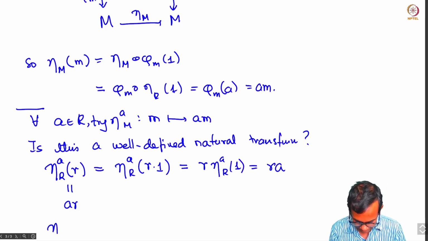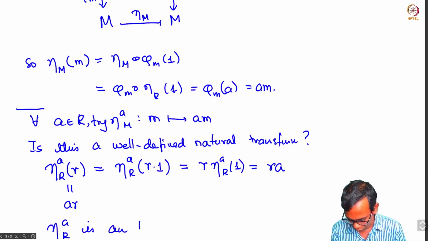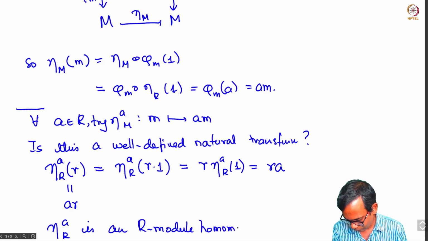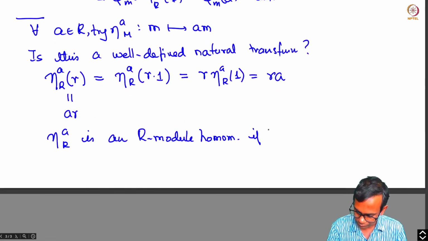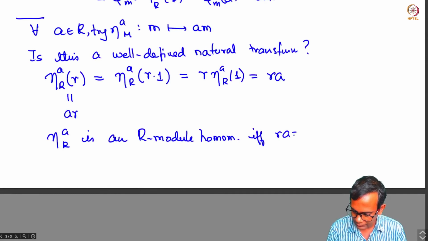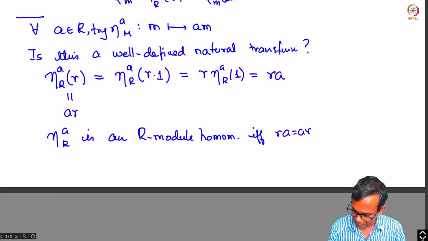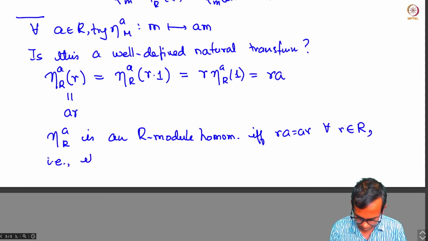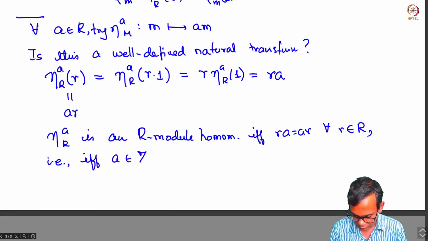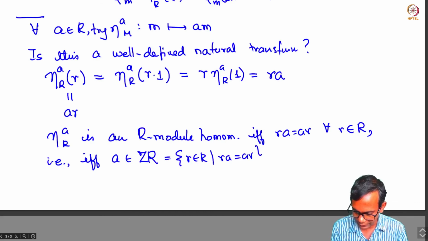So eta^a_R is an R module homomorphism if and only if ra equals ar for every r in R. In other words, if and only if a belongs to the center of R. That's just by definition the set of all a in R such that ra equals ar, the center of the ring R.